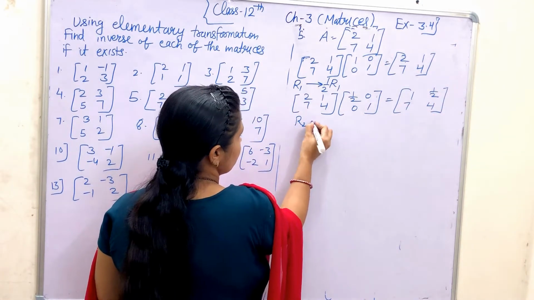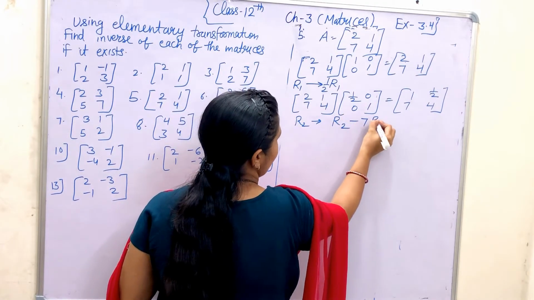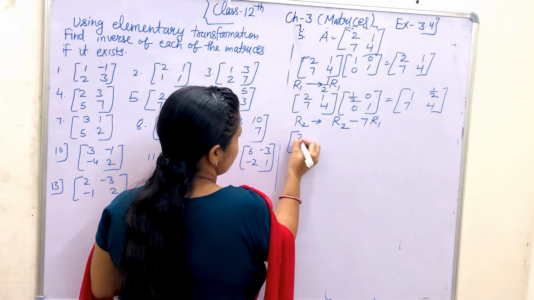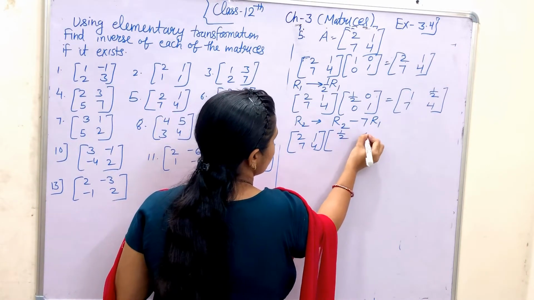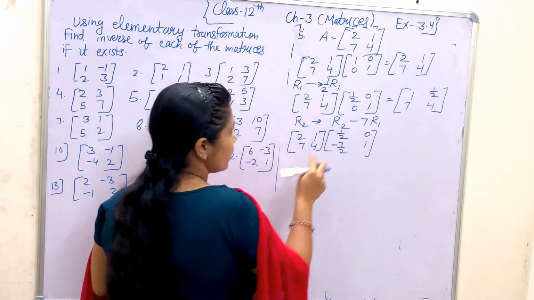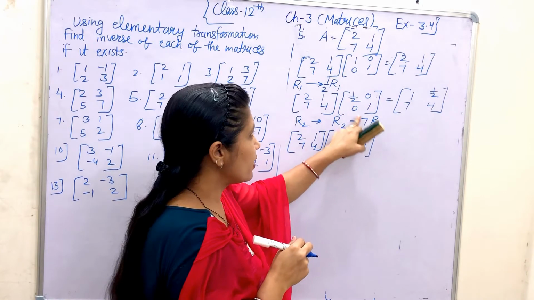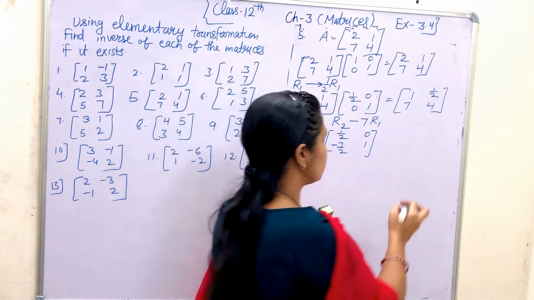Now R2 minus 7 R1. 2, 1, 7, 4. 1 by 2, 0. Minus 7 by 2, 1. We know that R2 minus 7 R1 means 7 by 2 minus and 1 minus 0.